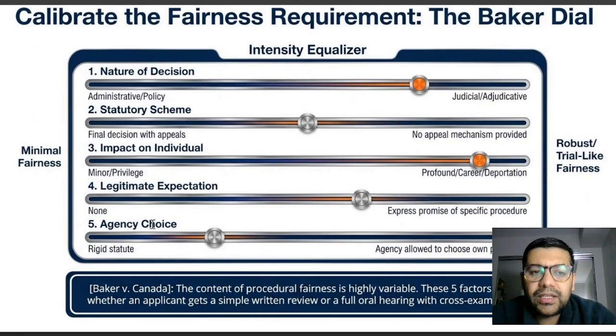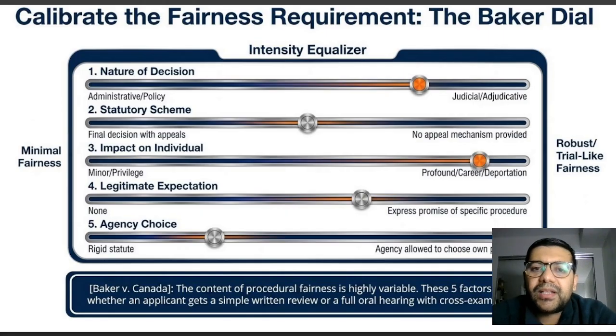Then the agency choice. Basically, what it asks is whether the statute is really rigid or allows the agency to choose its own procedure. If the statute gives you very specific steps to follow, then minimum fairness is owed, because all the steps that were supposed to be there are already covered by the statute, the procedure, the rules or the act.